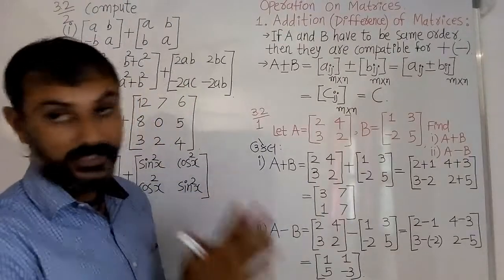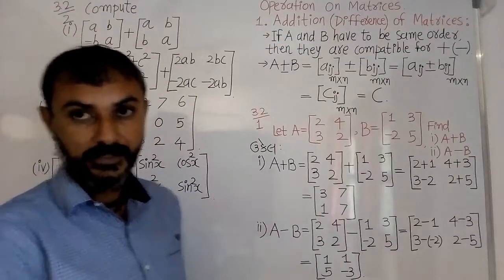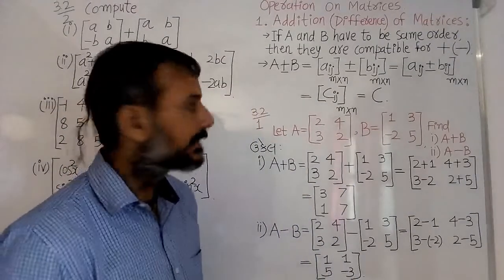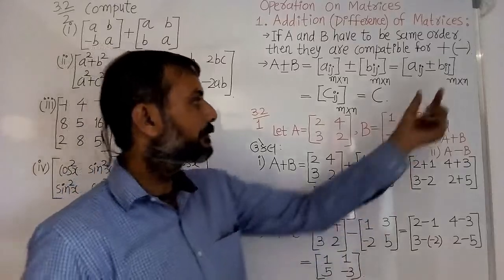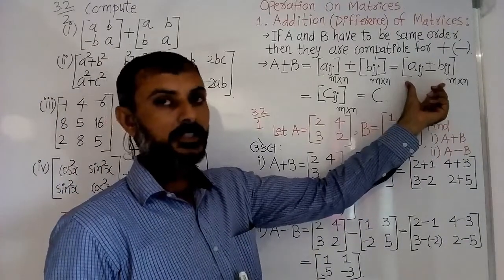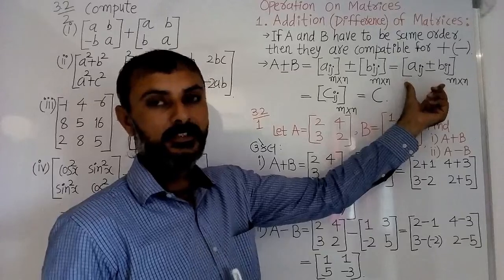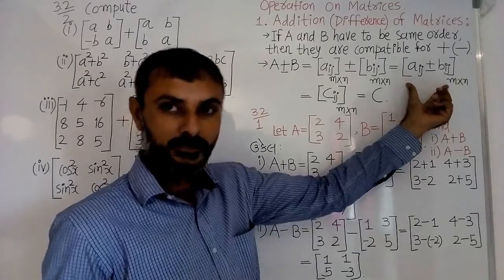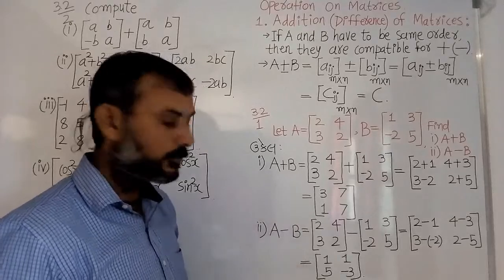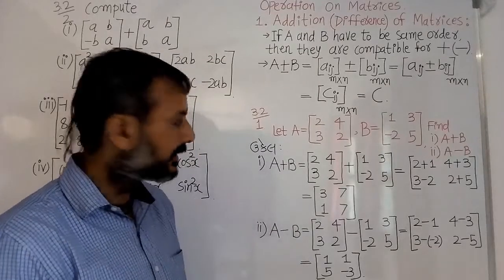So this definition tells us that to take addition or difference of matrices, you have to add or subtract corresponding elements. Now this word is a little difficult to understand. What is the meaning of corresponding? So let's take one example to clear the definition properly.